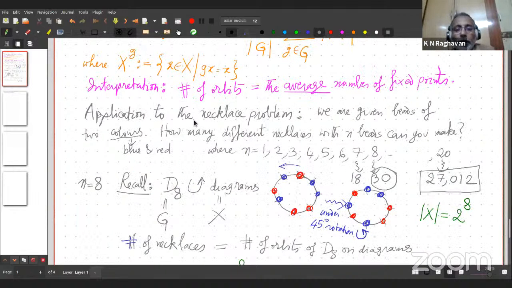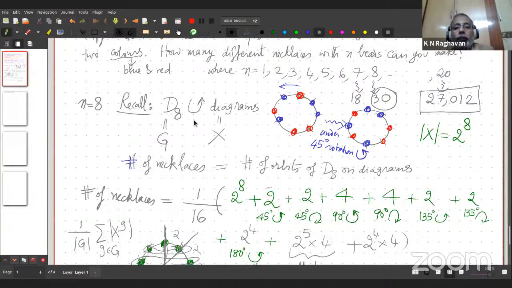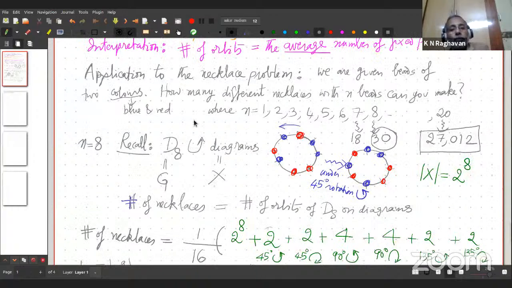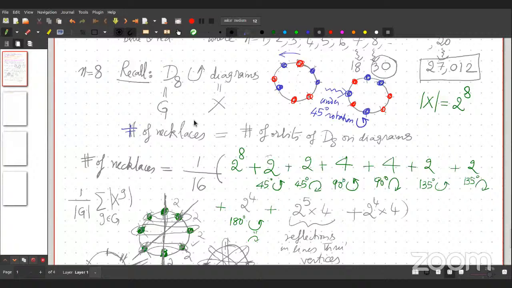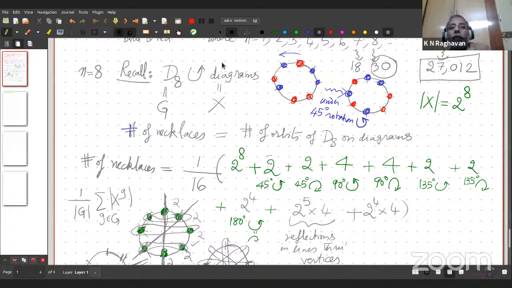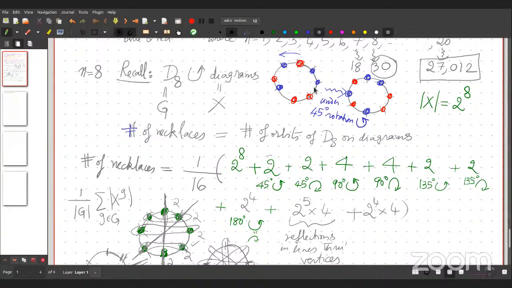But let me pause again and ask you if you have any questions. Yes, madam, go ahead. So suppose we have 3 different colors. Good question. Then how do you do this? Well, the diagrams then will have 3 colors, and you can apply the same method.